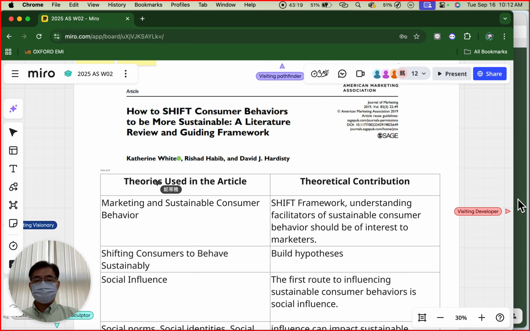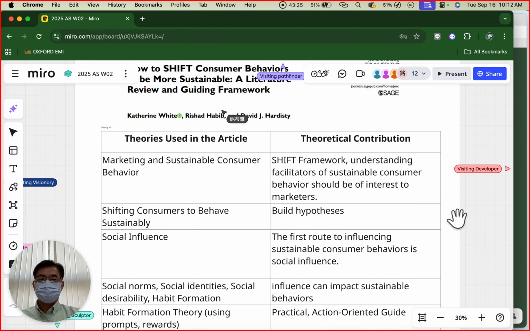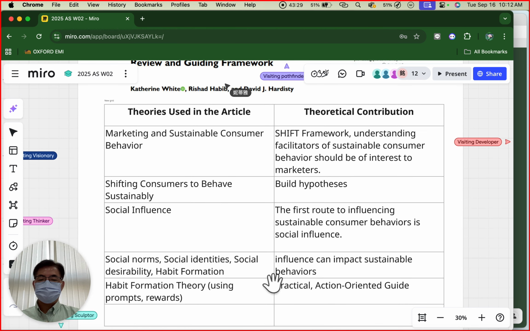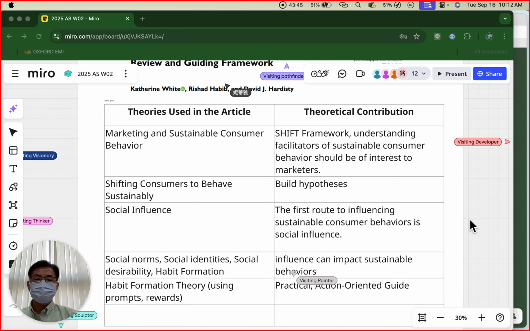Okay. And then the theory they use in this article and what is their theoretical contribution. For the first and biggest one, which is marketing and sustainable consumer behavior, they contribute the SHIFT framework. They want to understand the facilitators of sustainable consumer behavior and what should be of interest to marketers.